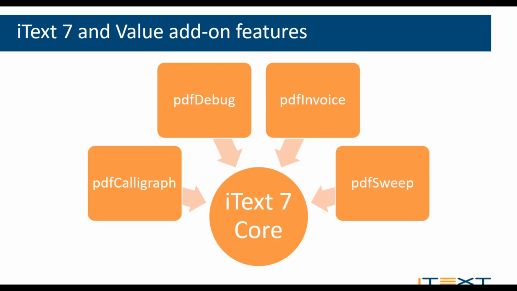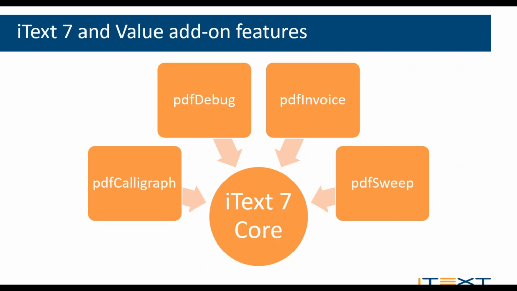PDF Debug is a feature that allows you to see when and where something is going wrong in your PDF by viewing the PDF structure while it is being created. PDF Invoice, this feature allows you to create PDFs that are easily processed digitally.